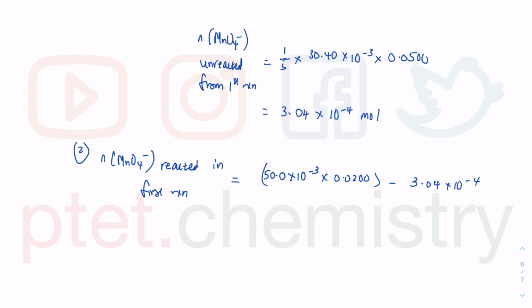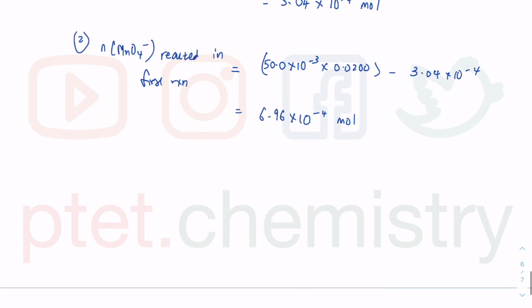So that very first bit, 50.0 times 10 to the minus 3 times 0.02, I get 1 times 10 to the minus 3, and then minus that previous answer. Now I have 6.96 times 10 to the power minus 4 mole of KMnO4 that actually reacted in the first reaction. What else do I know in the first reaction? I know that in the first reaction, it's KMnO4 reacting with manganate.